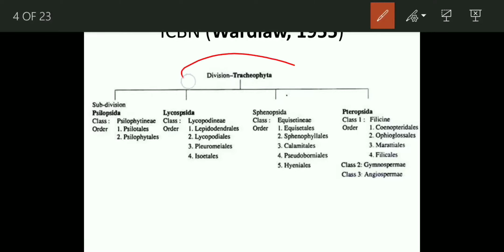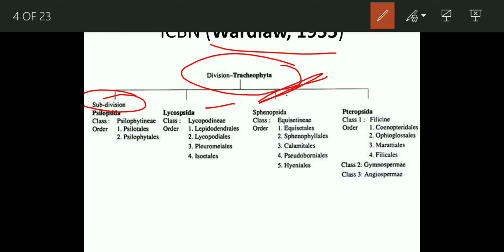In case of Arthur E. James, we used the term phylum for Tracheophyta, and Tippo also used the term phylum. But in the ICBN, given by Wadlow in 1955, we used the term division for Tracheophyta, and what Tippo considered subphyla are now subdivisions: Psilopsida, Lycopsida, Sphenopsida and Pteropsida. You can see the names are very similar.